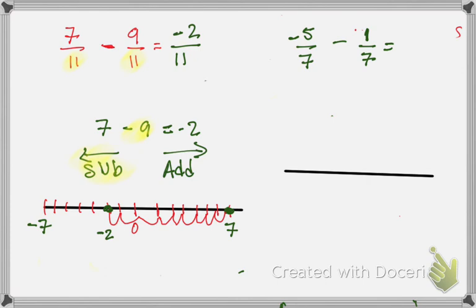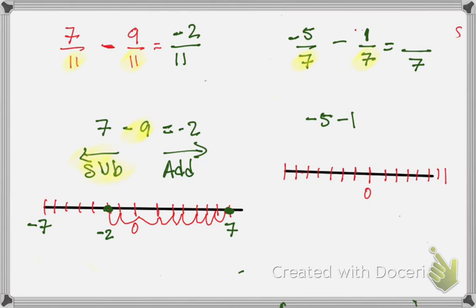I have my number line over here. 1, 2, 3, 4, 5, 6, 7. Okay. First of all, can we subtract? Yes, because our denominators are the same. So my denominator is going to be 7. And then we're going to do -5 minus 1.